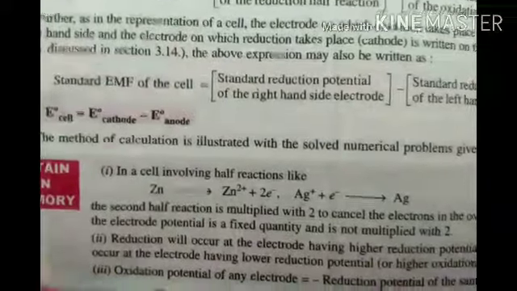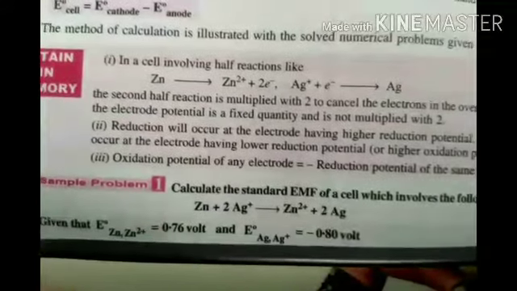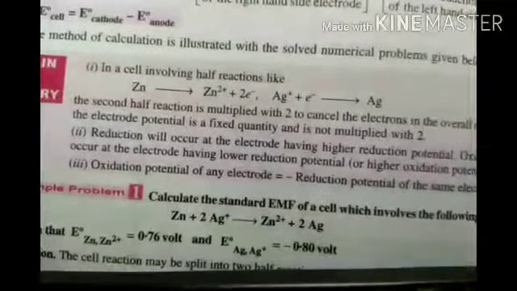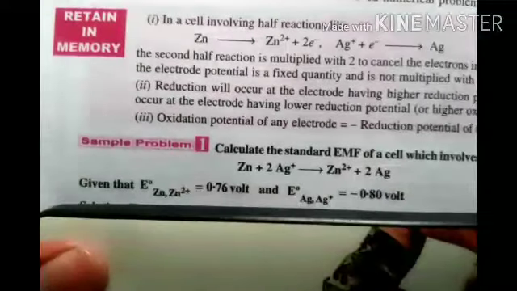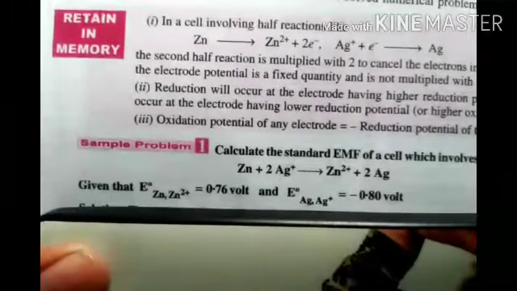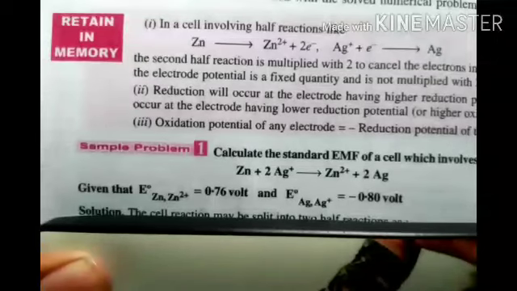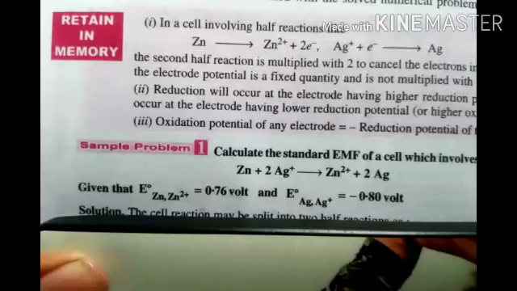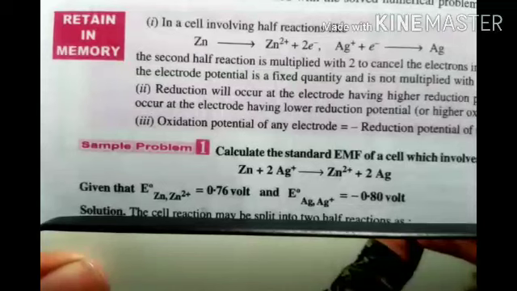Calculate the standard EMF of the cell which involves the following cell reaction, given that E0 of Zn2+/Zn is 0.76 volts and E0 of Ag+/Ag is minus 0.80 volts.